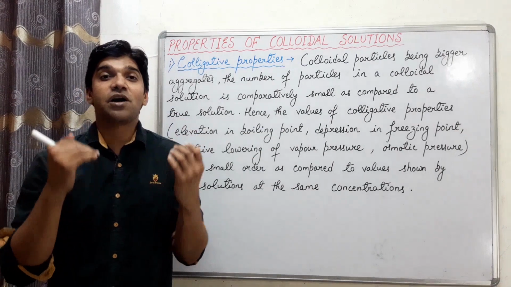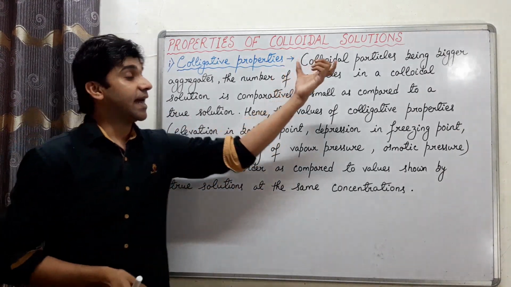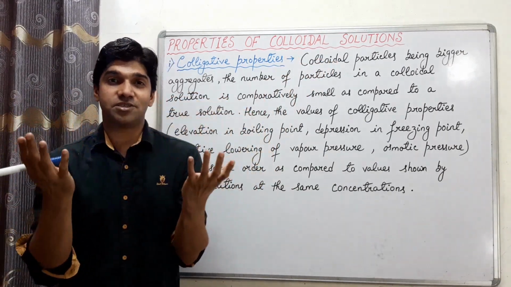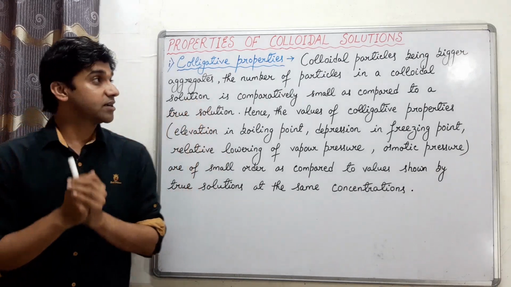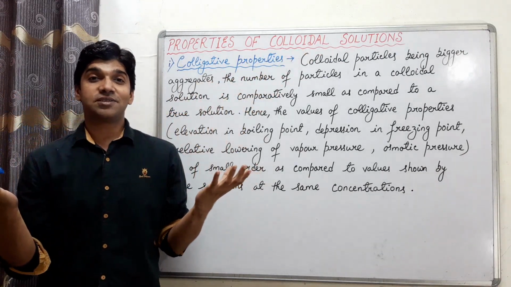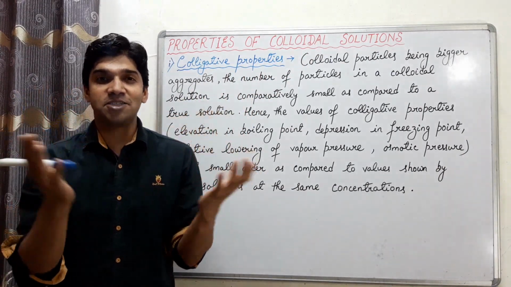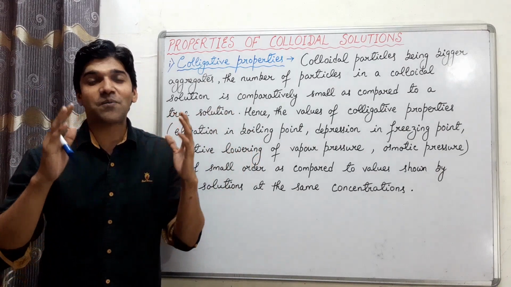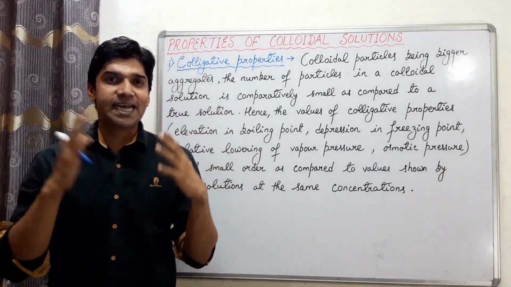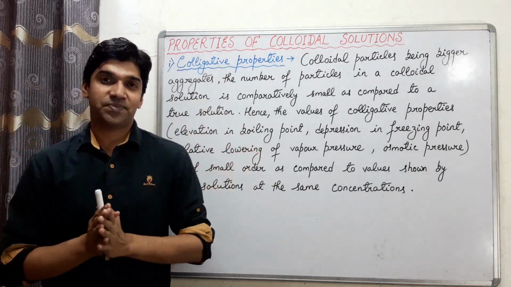So in case of solution of colloids, the particles aggregate, मतलब they come close together, form clusters, forming bigger aggregates, bigger molecules, and that's why in this case the number of particles of dispersed phase decreases as compared to the number of particles of true solution.